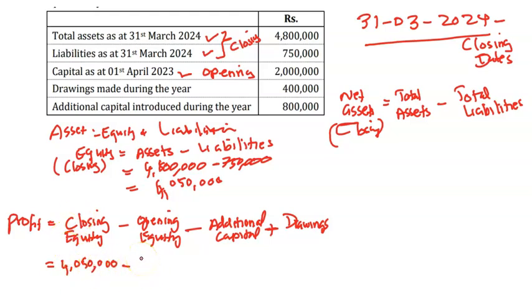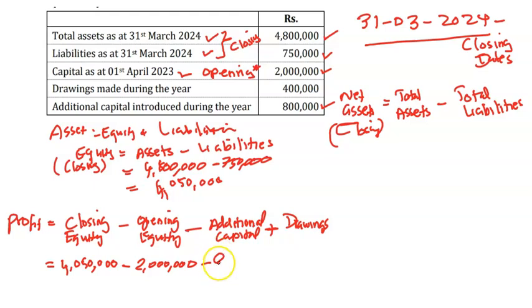Minus opening equity. What is the opening equity? Equity can be said in other words as capital. There is only one figure for the opening, that is 2 million. So you have used this figure, this figure, this figure for your calculation. So minus additional capital. Additional capital is 800,000.